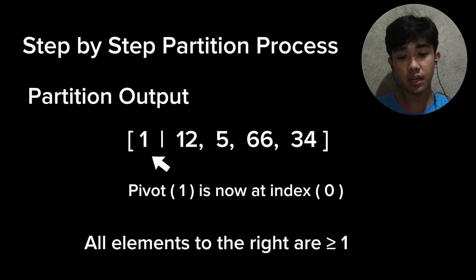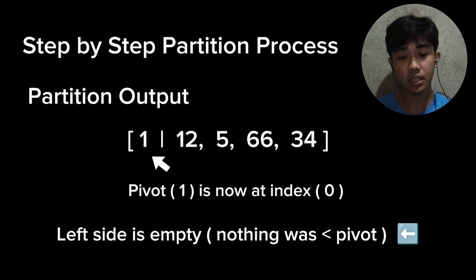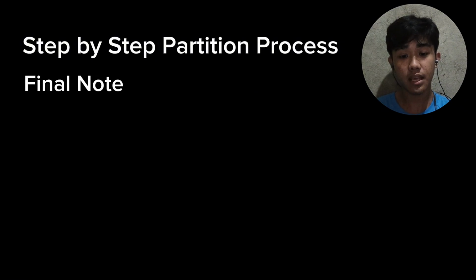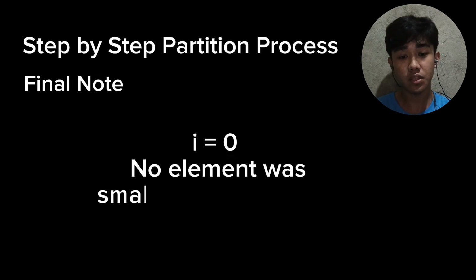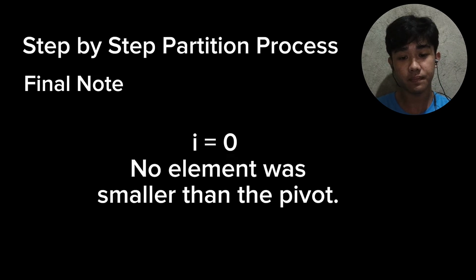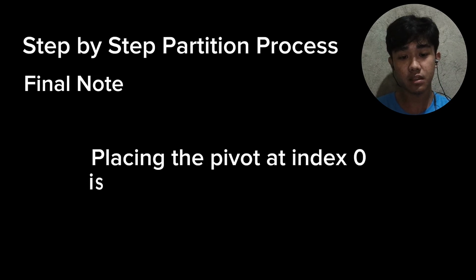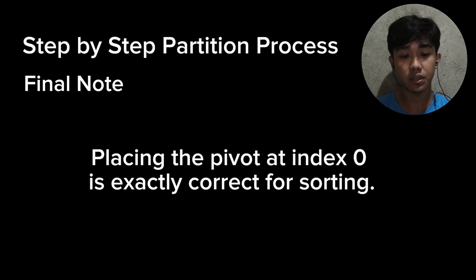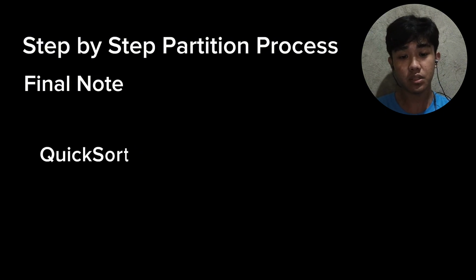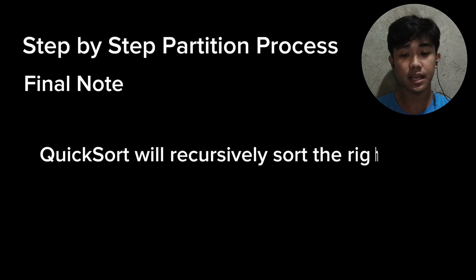All elements to the right are greater than or equal to 1. The left side is empty because nothing was less than the pivot. In the end, I is equal to 0, which means no element was smaller than the pivot. Placing the pivot at index 0 is exactly correct for sorting. The next step is that quicksort will recursively sort the right side: 12, 5, 66, and 34.